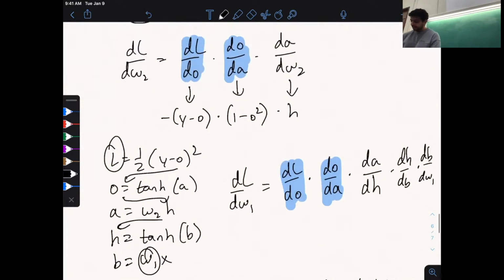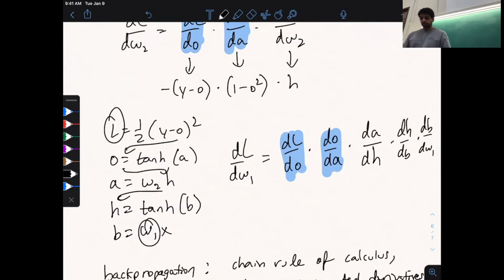Note that I'm not caching all of these derivatives, right? Like this one, dA dW sub 2, is not useful anymore because it leads to the specific partial derivative with respect to W sub 2. So it can never be useful when I'm computing the derivative of another parameter lower down in the network.